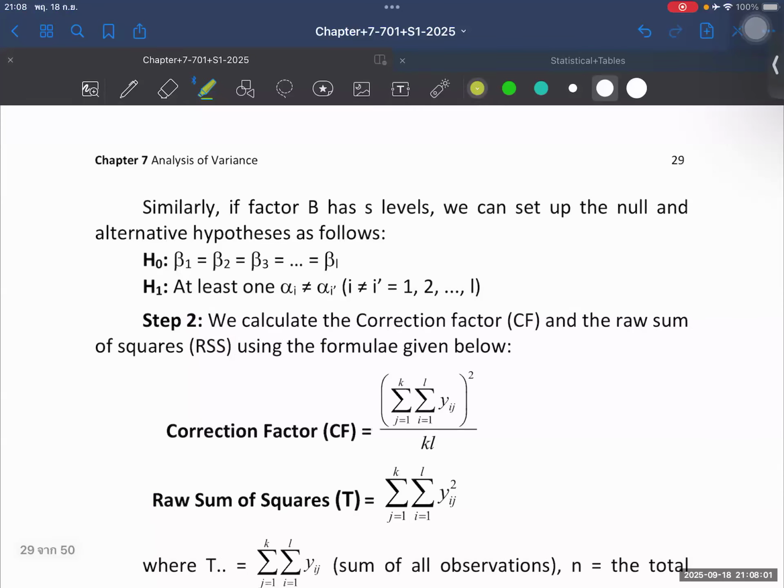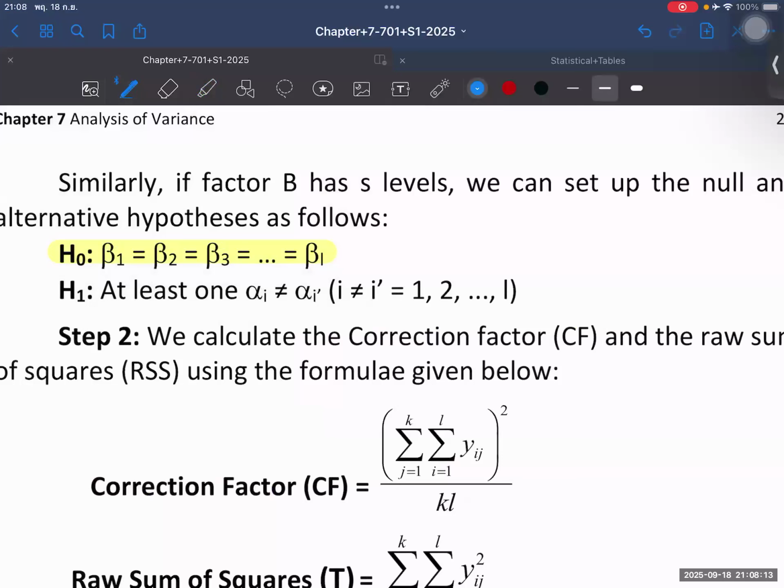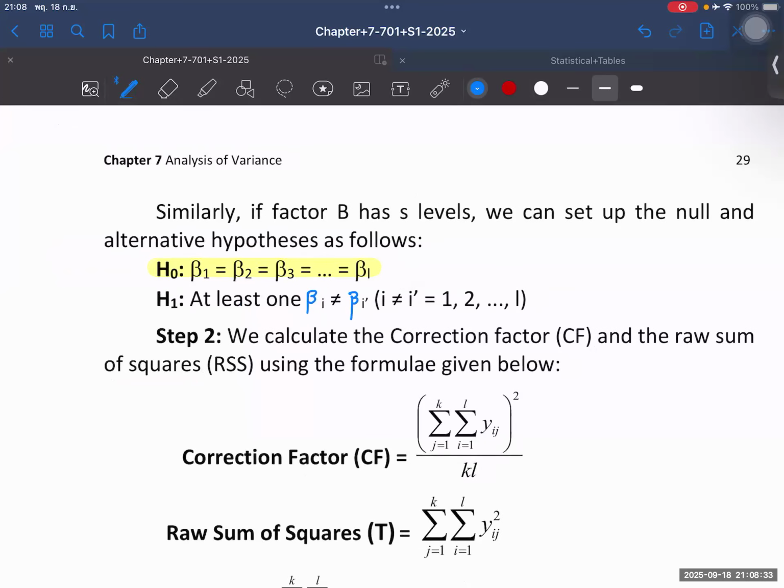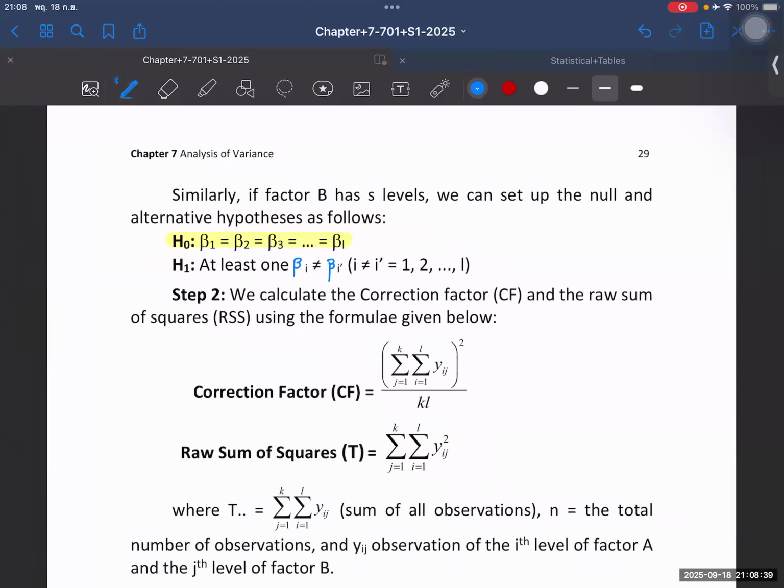And for factor B, the requirement is that beta 1 equals beta 2 and so on up to beta L. Sorry for the mistake in the symbols; this is beta i and beta j. The alternative is that at least one is not equal. So we can say we will reject the null hypothesis.